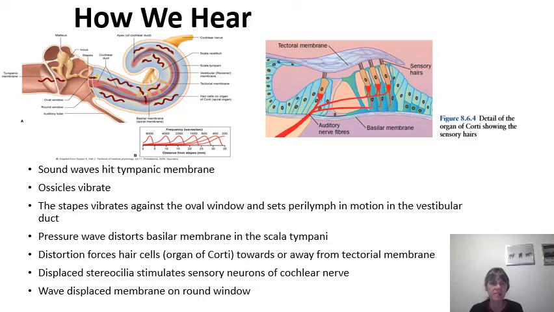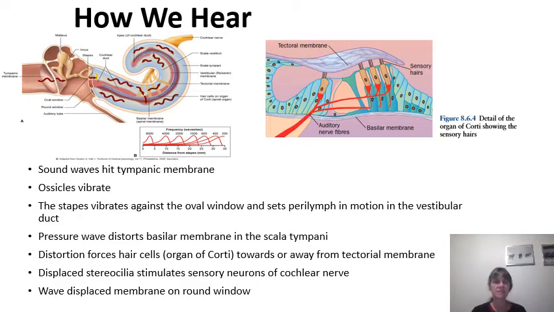And then as that fluid continues to vibrate all the way around the helicotrema and the apex, coming around the scala tympani, it's going to vibrate against the round window. So the round window is basically just going to vibrate because it's a membrane. It's kind of like a little elastic membrane that will bulge and contract with the vibrations.